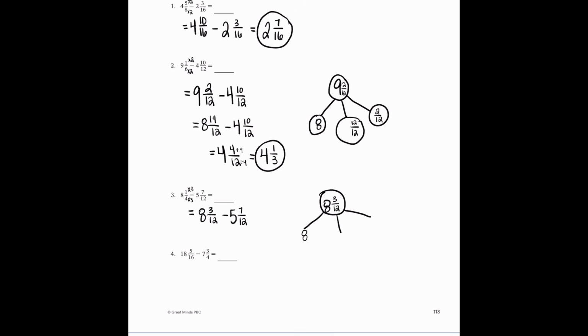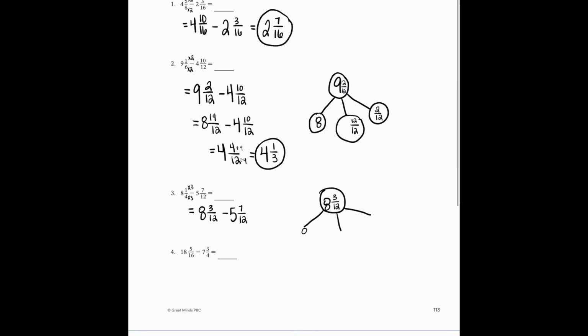Okay, I'm going to decompose this to, not 8, silly me, 7 12/12 and 3/12. So now I can see that I have 7 and 12, 13, 14, 15 twelfths minus 5 and 7/12. Then my final answer will be 7 and 8/12.